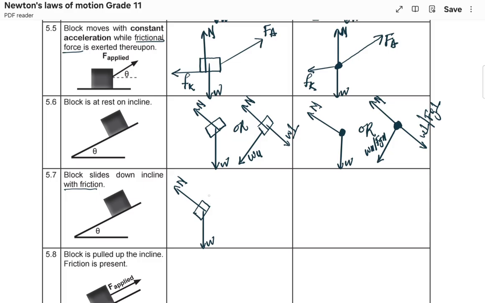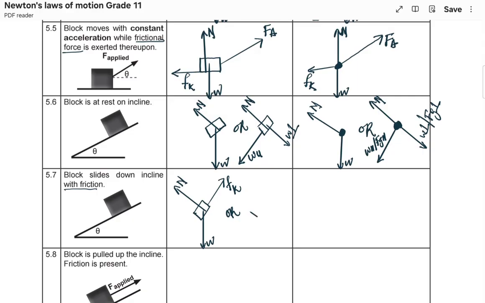So now the object is sliding downwards, so the frictional force is opposing that. Okay, or it can be in terms of components.